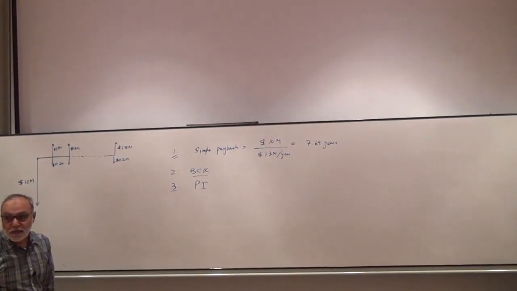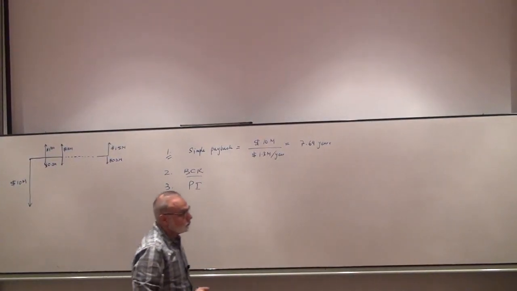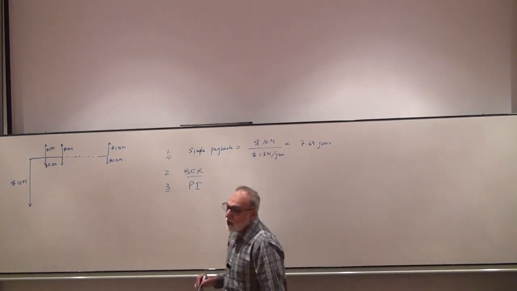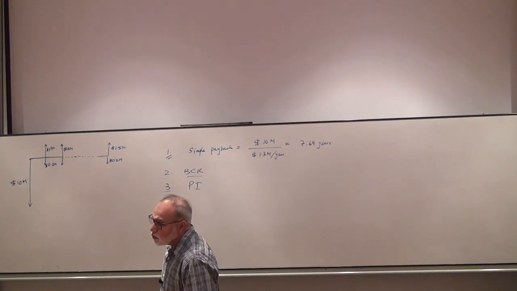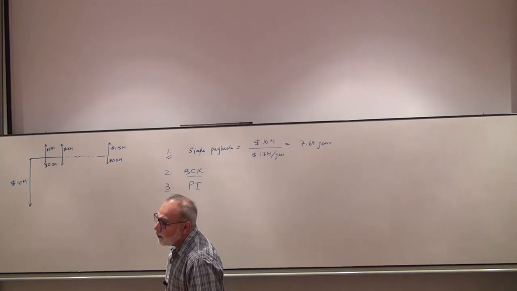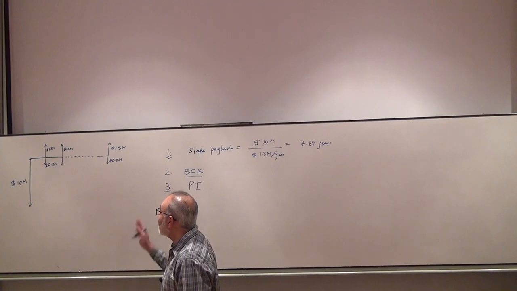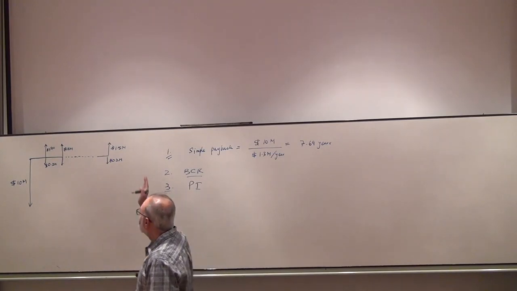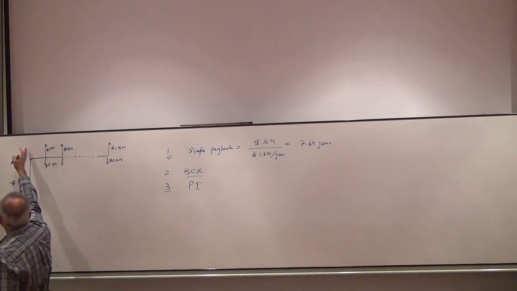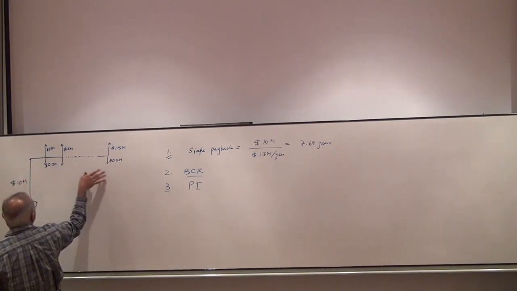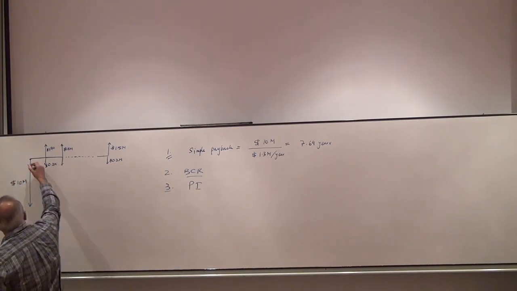Benefit cost ratio. Now we can solve this problem on an annual basis, or on the basis of total cost. Total revenue, bring it over here. Total cost, bring it here. 10 million is already there. Total O&M cost, also bring it here.